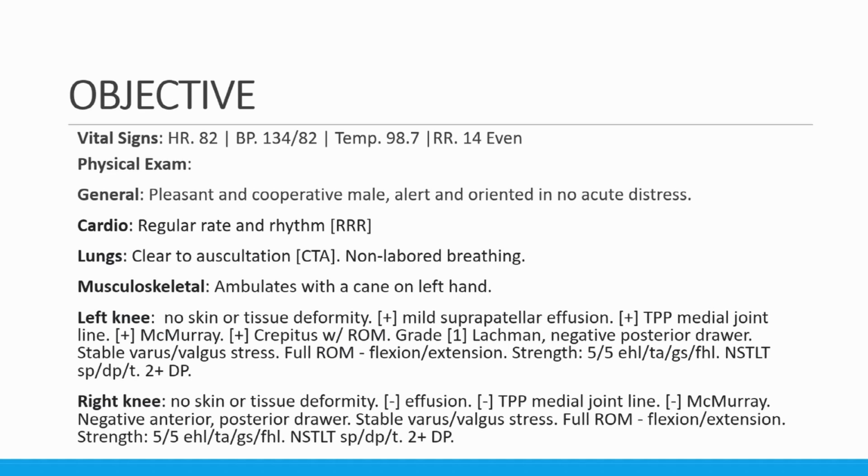SILT is sensation intact to light touch. DP for dorsalis pedis pulse, and PT for posterior tibialis pulse. These are all very common ortho terms. I do not always write all of these terms in every single note, but you might come by some notes that have all of this jargon or acronyms.